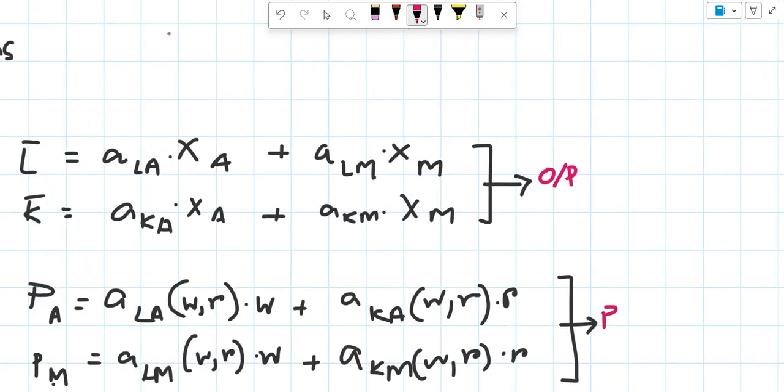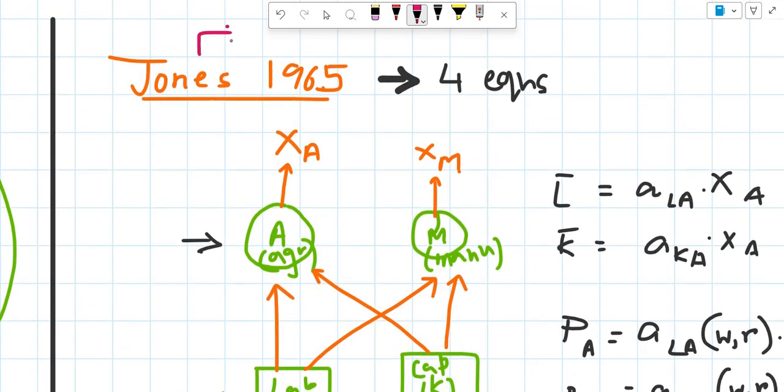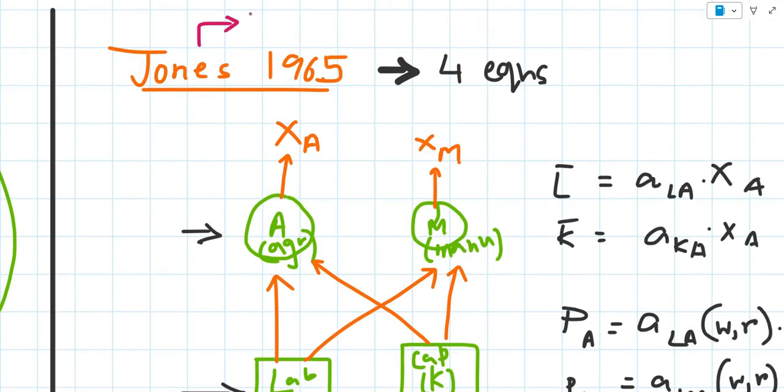What we need to find out for the decomposability property, so basically we are studying the decomposability property in terms of the Jones 1965 model. Now you might be wondering, decomposability property is a property of the Jones 1965 model.